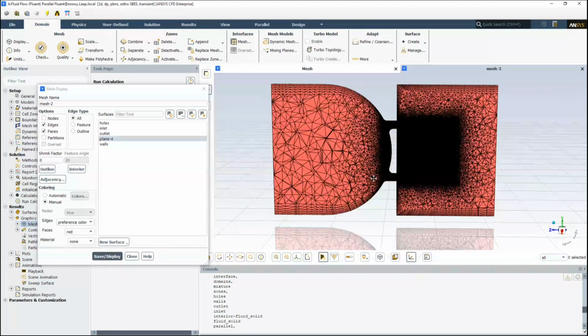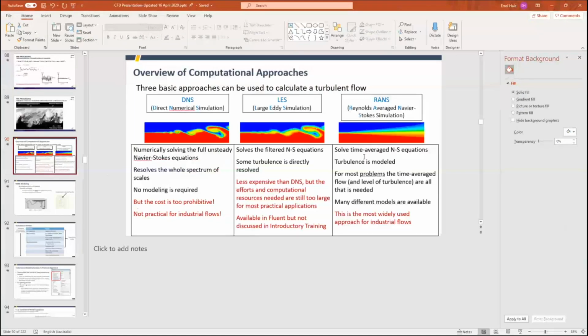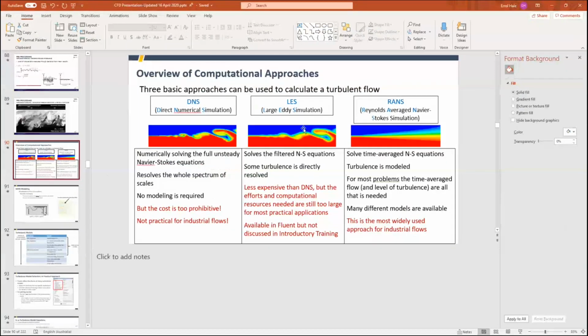Now, what's really important about our stress blended eddy simulation is we're using large eddy simulation, which is our LES model, this one here, our large eddy simulation in the middle. Stress blended eddy simulation is using that and RANS at the walls, okay?